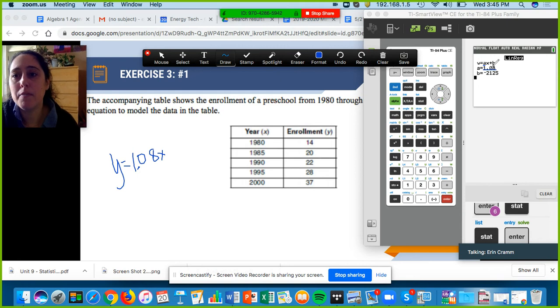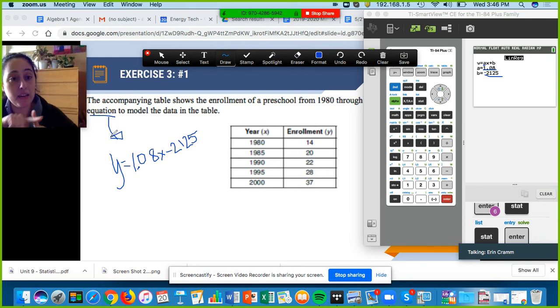And instead of b, I'm going to replace it with a minus because there's a negative there. So minus 2125.